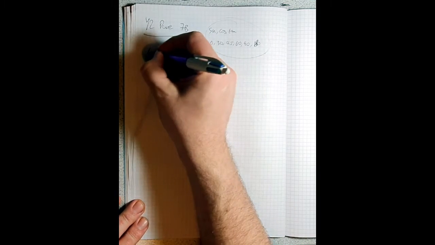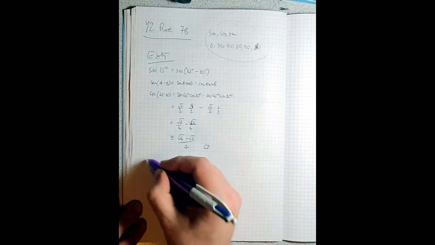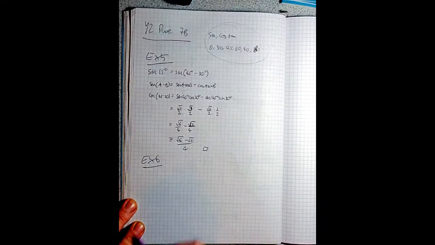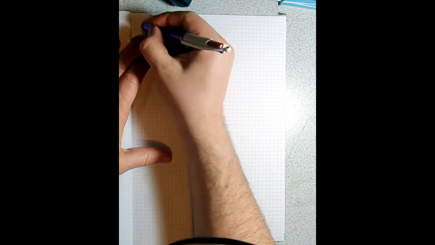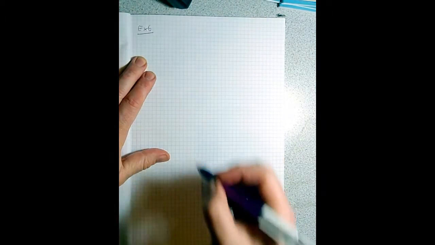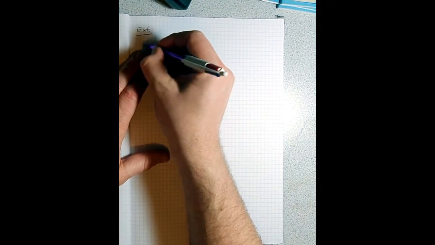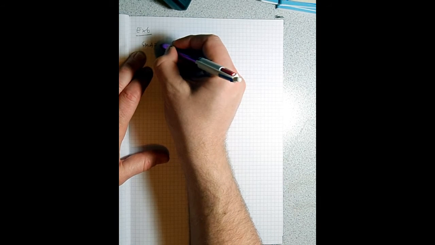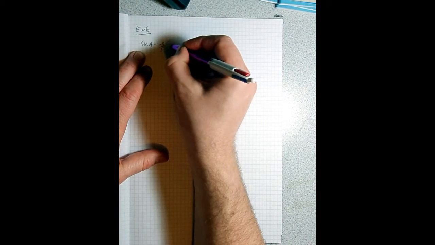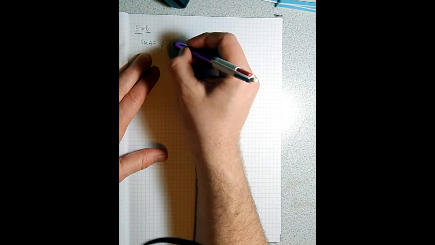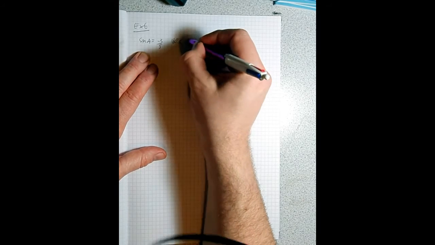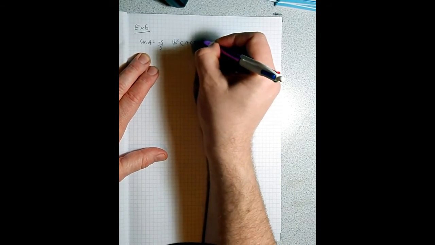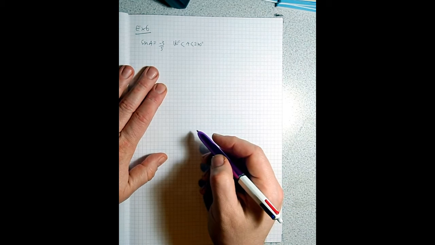That was example 5. Example 6. I think we'll have a whole page for example 6. There's a lot to do for this. Sine A is minus 3/5, and importantly, there are clues given when it tells us that A is between 180 and 270.